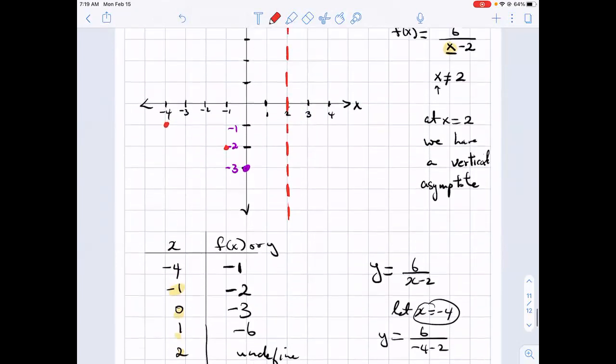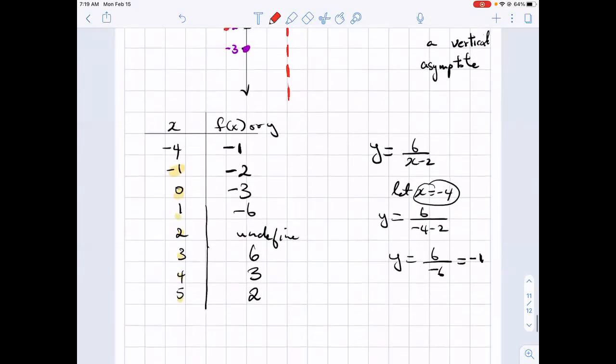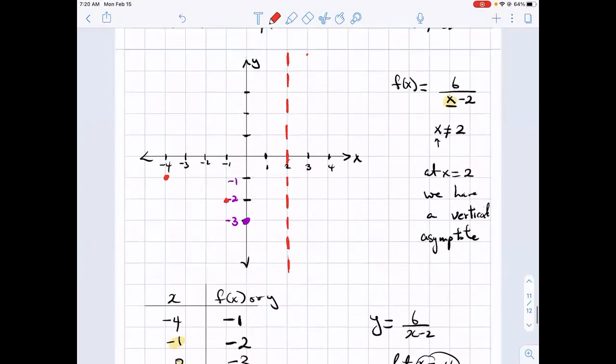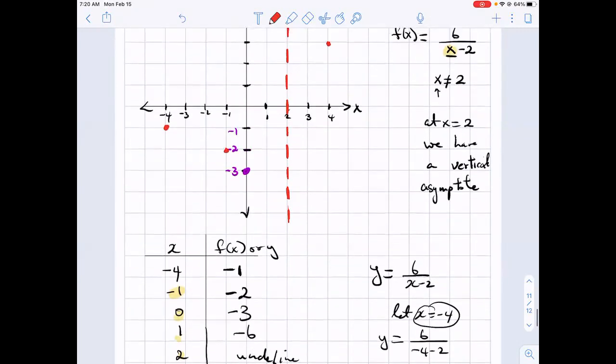At 3, it was positive 6, so that's way above, somewhere over here. At 4, it was 3. At 5, it's 2. So if I go to 5, it's 2.